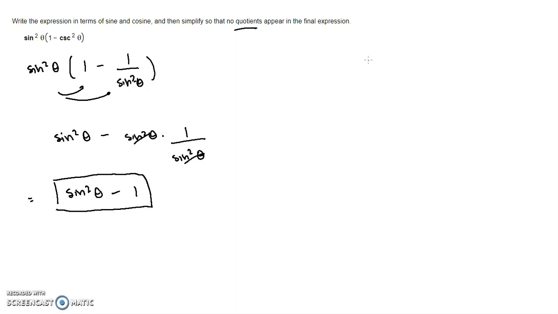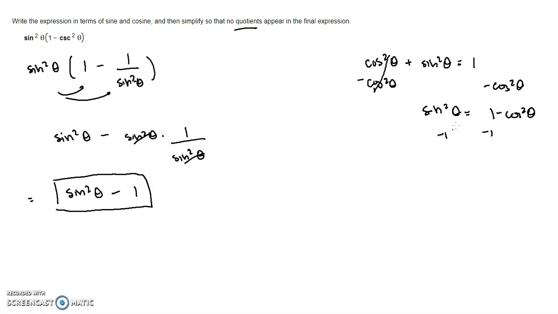And then also remember you've got cosine squared plus sine squared is equal to 1. So look at that. We could have another one here. If I want to move the cosine squared to the other side. Okay. And then I can move this 1 over with the sine squared.